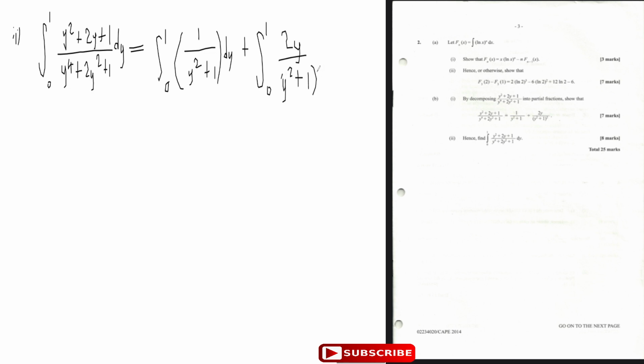So let's go ahead and knock out this integration. 1 over y squared plus 1, when you integrate that, it's going to be tan inverse of y from 0 to 1.